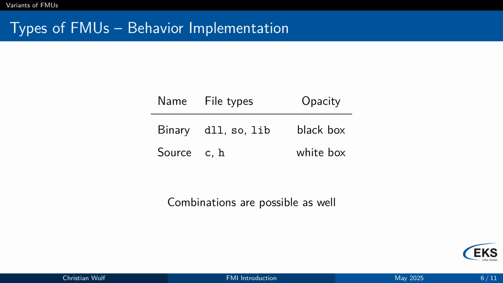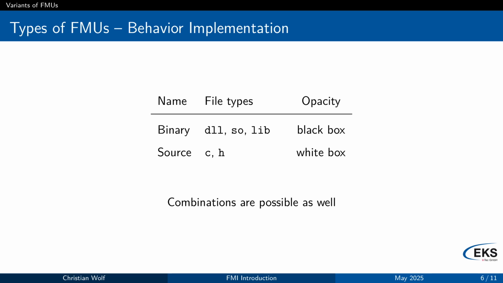Inside such an FMU, we need some implementation. We need to implement whatever is there, like the right-hand side of a differential equation or the difference equation involved with co-simulation. Doesn't matter. There are 2 kinds how this can be done. This can be done in binary form, so you have some libraries, DLL, shared object, you remember.